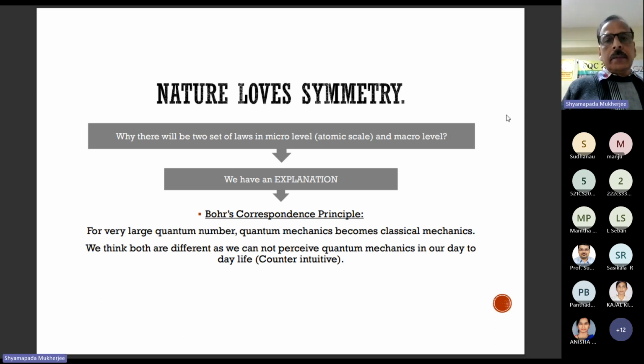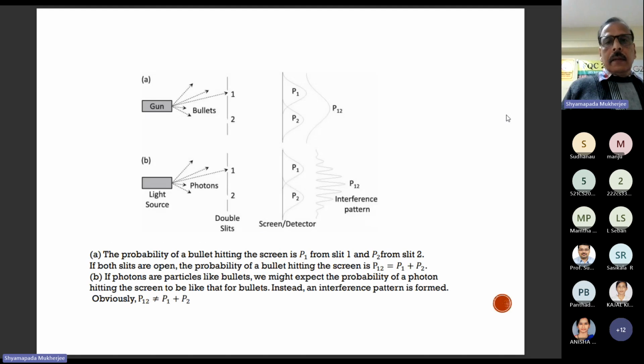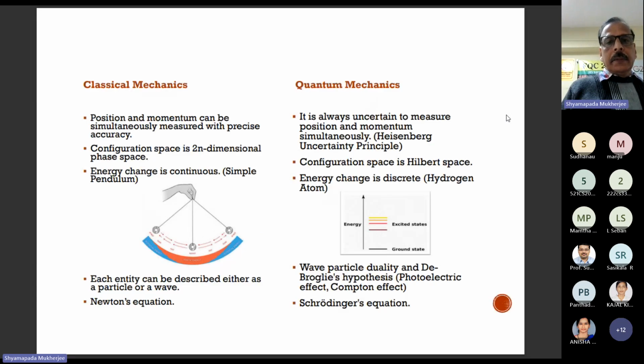If you observe this figure, for the simple pendulum the energy change is continuous. But in the right-hand figure, for the hydrogen atom, the ground state is minus 13.6 electron volt.